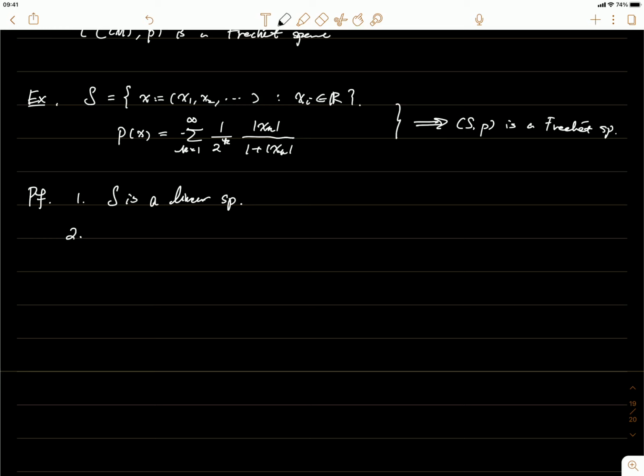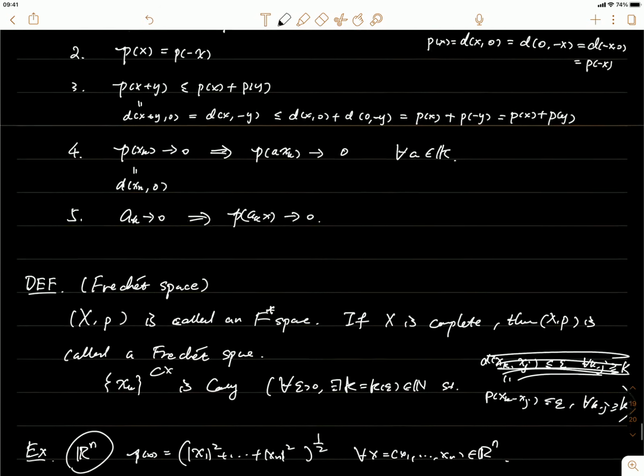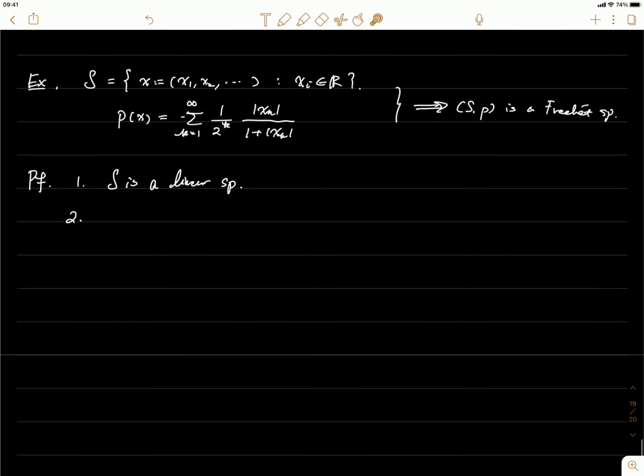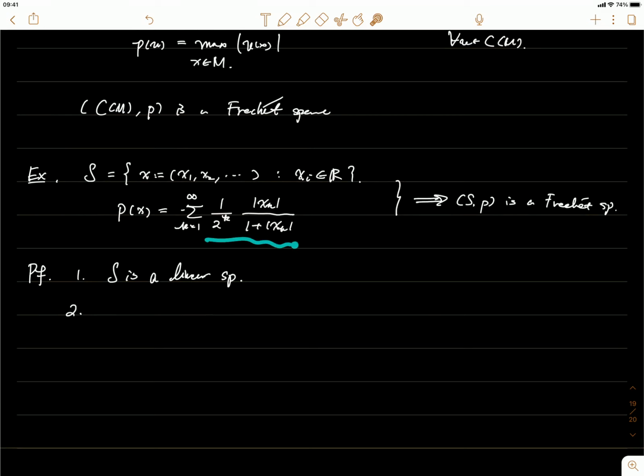Second, we want to check that P satisfies all these 5 properties. Apparently, the way we define P, it must be greater than or equal to 0, right? So that's true. Also, for any sequence x, if P(x) equals 0, that just means every term is equal to 0, because you have a sum of non-negative terms.